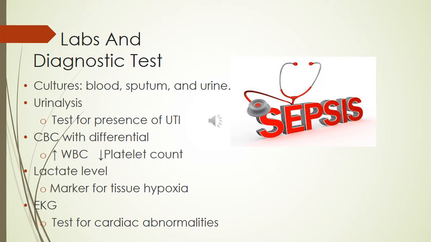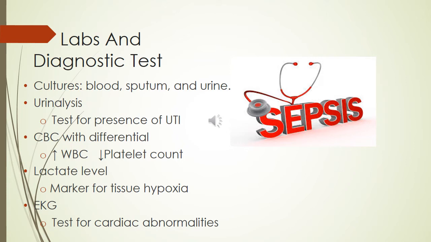Another test is a CBC with differential, and there are two important markers in the CBC with differential: an increase in white blood count, which indicates infection, and also a decrease in platelet count. Now, another test that is very important is the lactate level, and the lactate is a marker for tissue hypoxia.